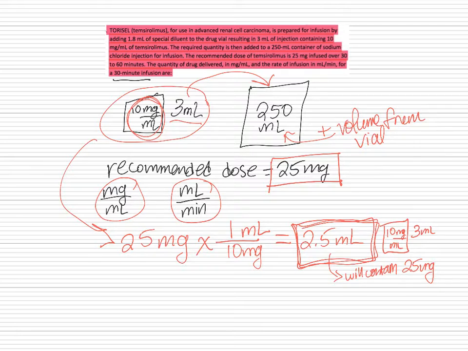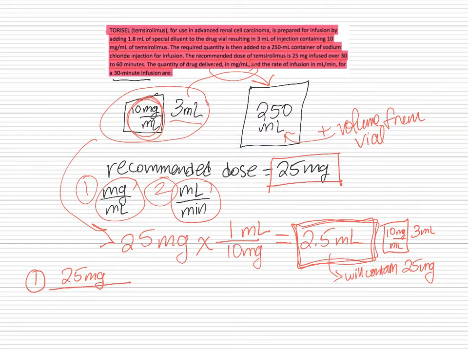Okay, then it's asking us what was the quantity of drug delivered in mg per ml. So this is our first unknown that we're solving for. So we delivered 25 milligrams, and now we need to put it over a total volume.